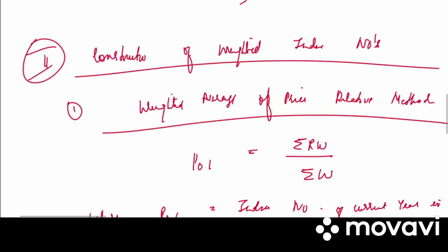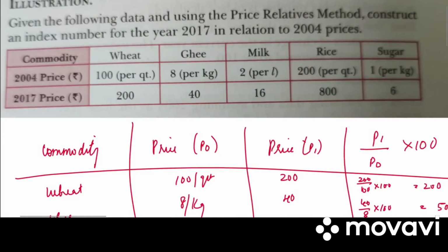So let us take down an illustration. In the same illustration, they have given us weight, that is 40, 30, 15, 10 and 5. The remaining thing is the same, but they have asked us to calculate weighted average price relative index. So how do we calculate? First column will be commodity.